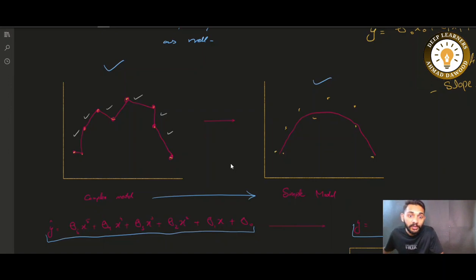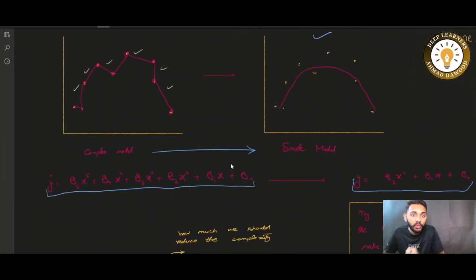If you have multiple parameters, or if you have high value parameters, then your model can be complex. Here you can see there are sharp slopes: your model is abruptly changing its direction, then again changing its direction.